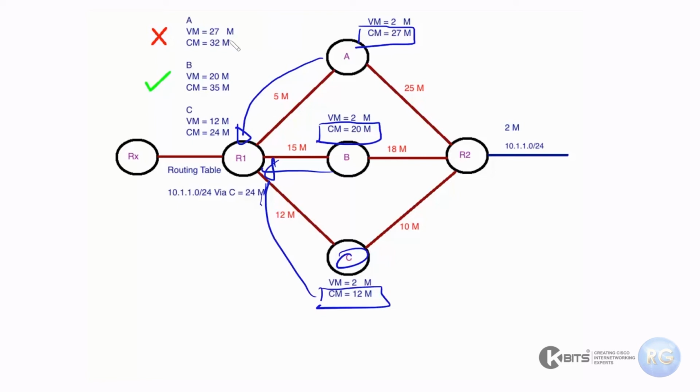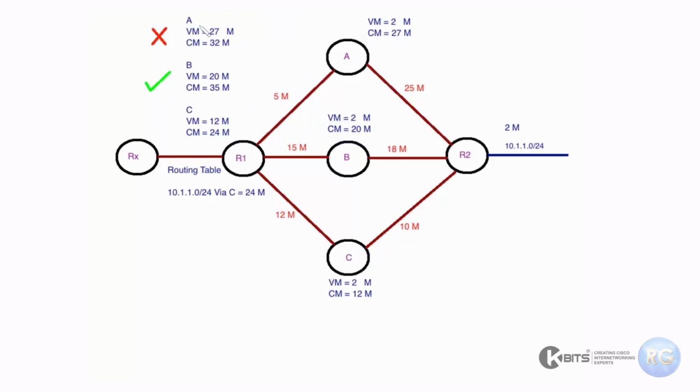R1 treats that cost as what? The vector. 27 is the vector over here. B has a vector of 20. C has a vector of 12. Understood? But what does R1 do? This is like your topology table of R1, because it has 3 different ways of getting to the 10.1.1.0 network.